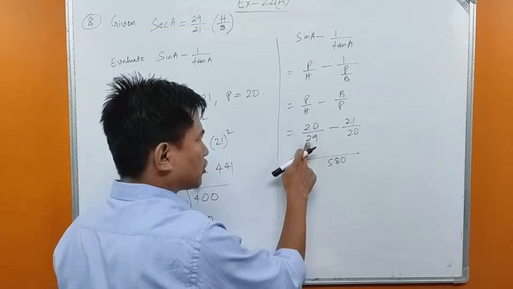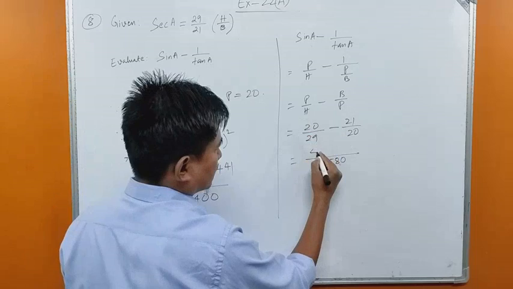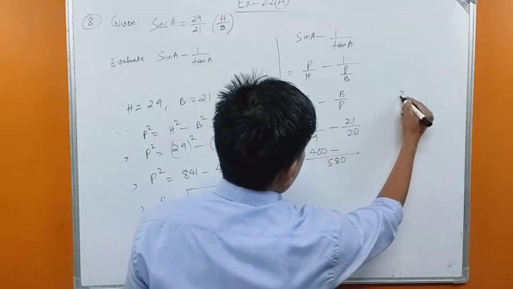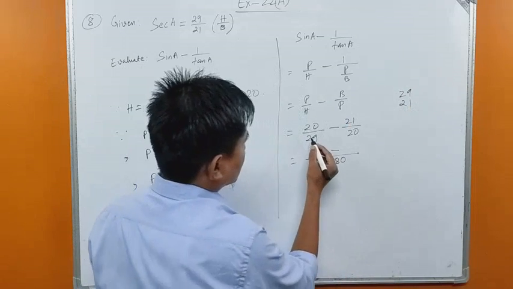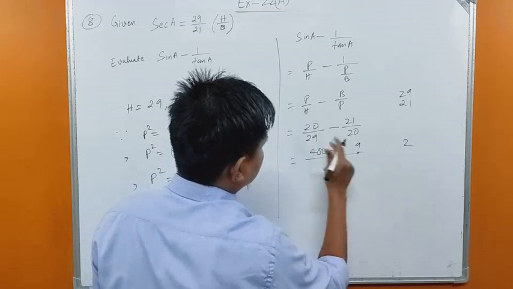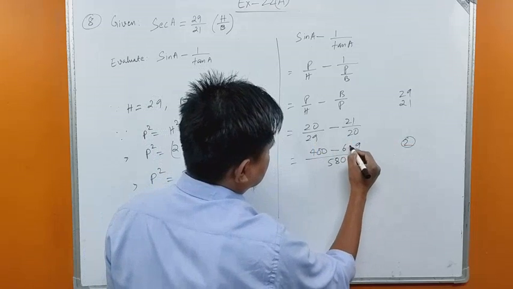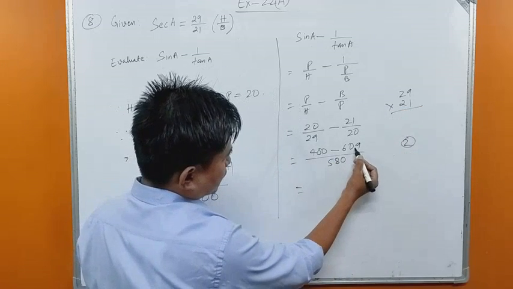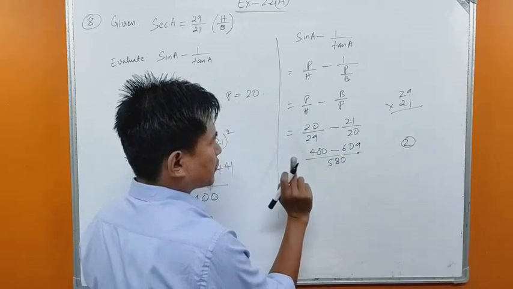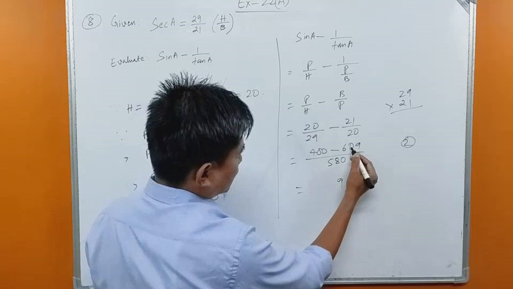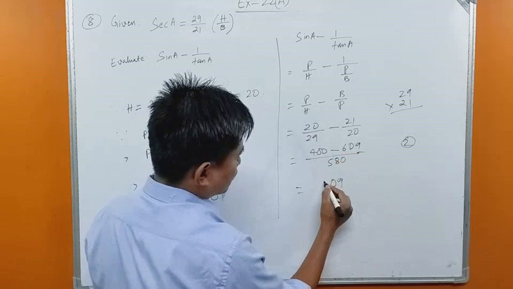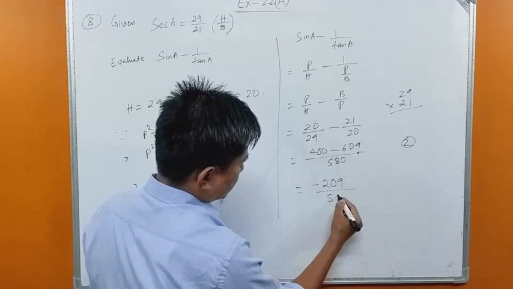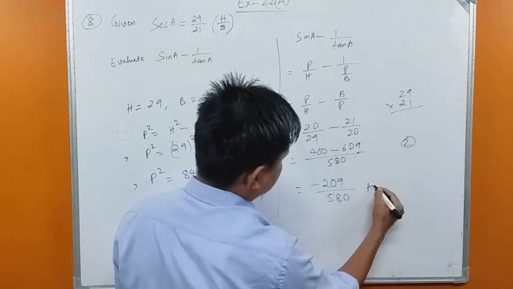So we get 20 times 20 which is 400, minus 29 times 21 which is 609. 400 minus 609 gives minus 209, since the greater number has the negative sign. Over 580. These numbers cannot be cancelled, so this is the answer for question number 8.